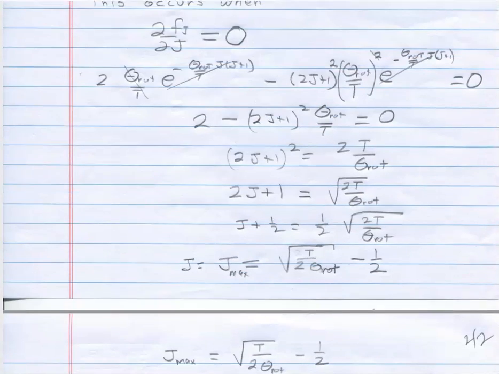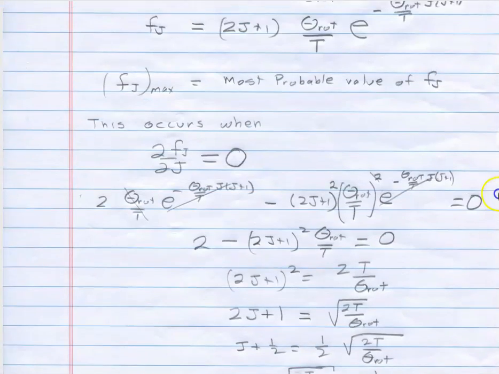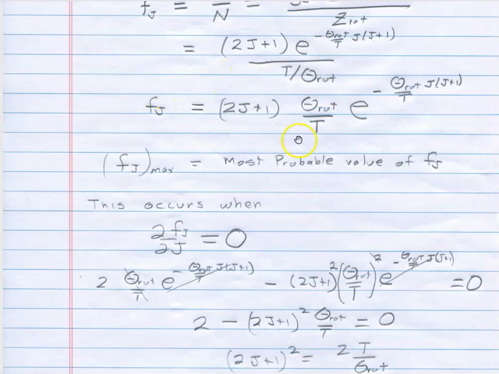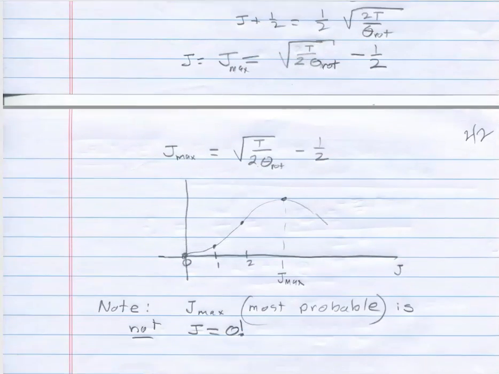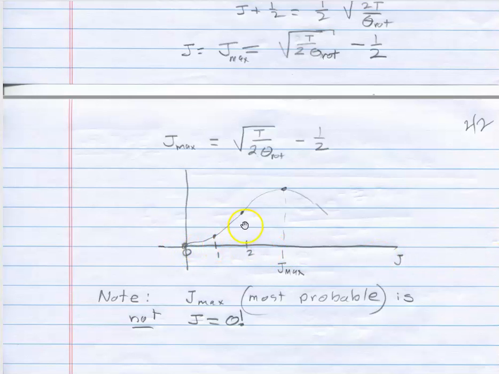If I were to plot F_j for J equals 0, J equals 1, J equals 2, you would get something like this. It's going to rise to a peak and then decrease again. It's actually discrete, so you really just get points.